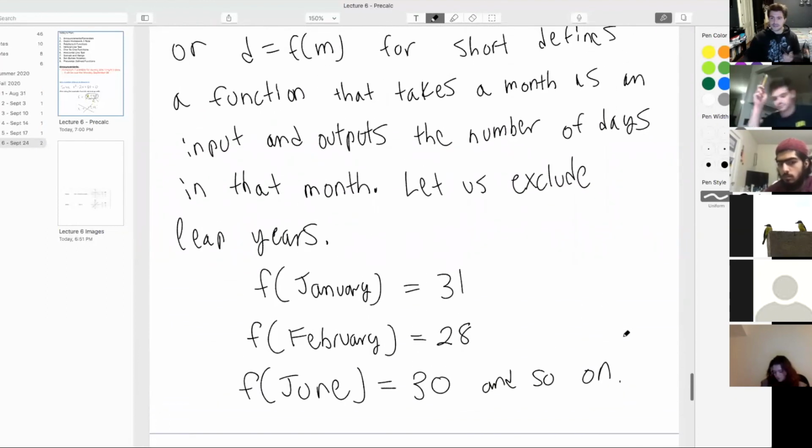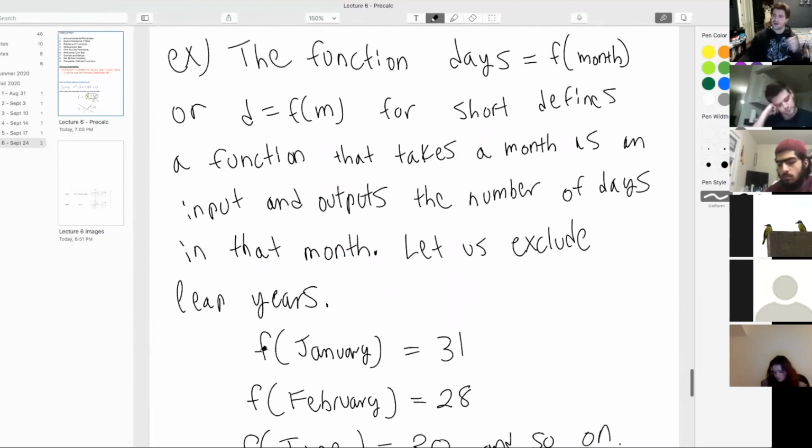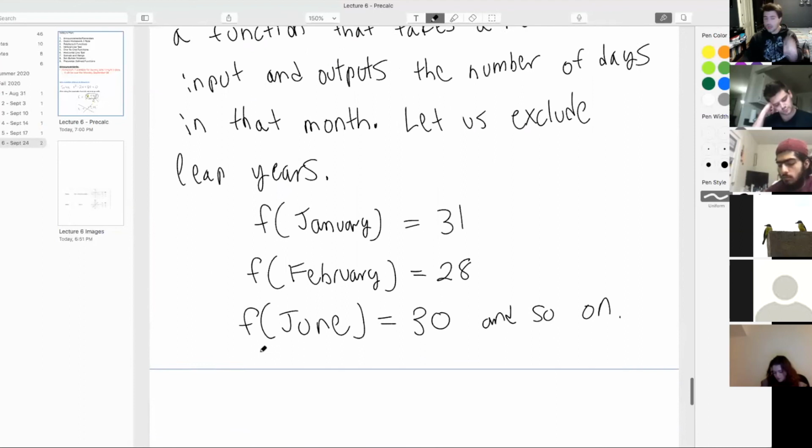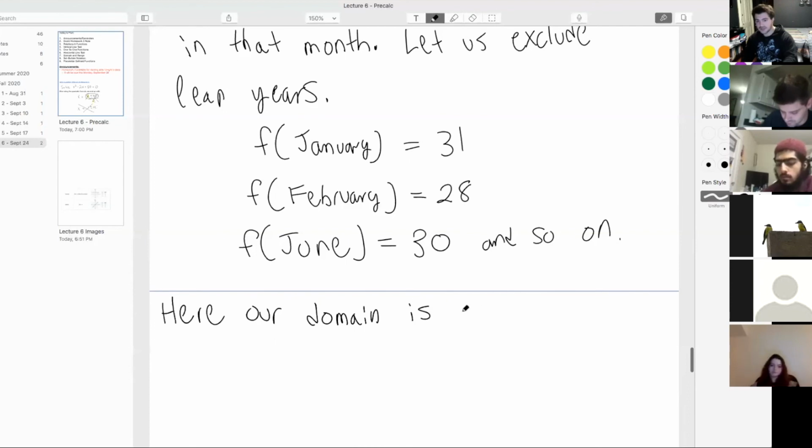This is an example of a function, and we're using our notation f of something equals an output. Let's quickly talk about the domain. Remember, the domain is all the possible inputs of our function. So here, our domain is all of the months.